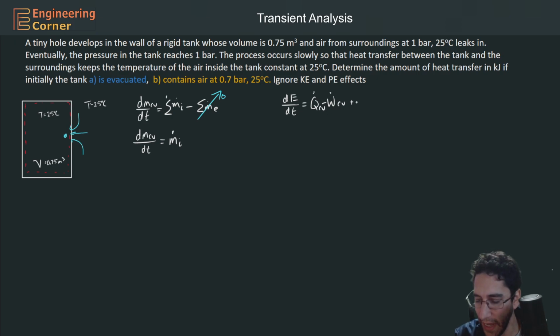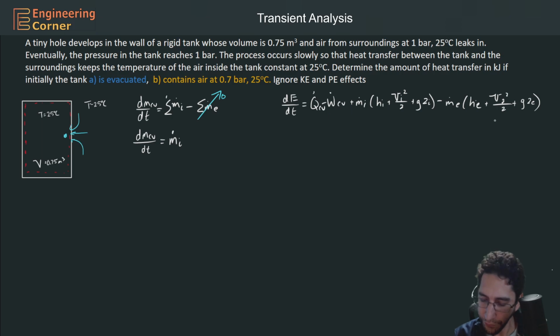Then I'm going to add in my inlet, my mass flow rate of anything that's entering, times the enthalpy plus my kinetic energy effects plus my potential energy effects, and subtract out anything that's leaving my system. So again, this is going to be enthalpy, and then kinetic energy effects, and then potential energy effects.